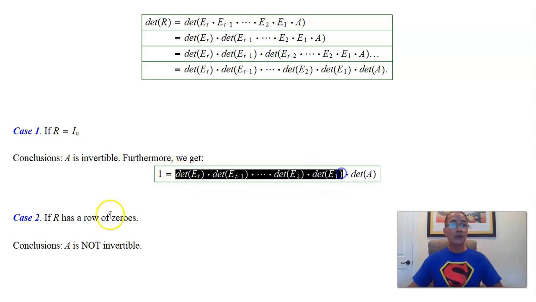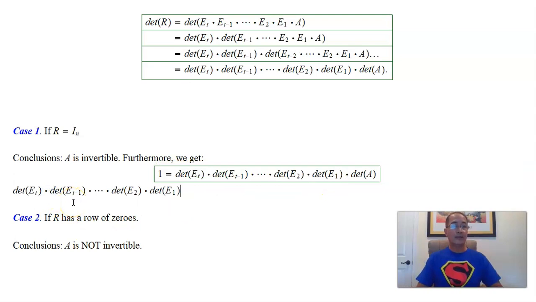Okay, so this long product is not 0. So if the left side is 1, and this portion of the right side is not 0, then the determinant of A cannot be 0 either. And so the determinant of A is not 0 either.